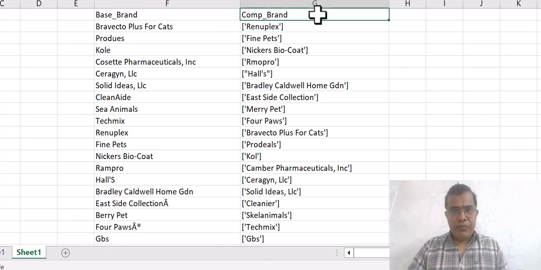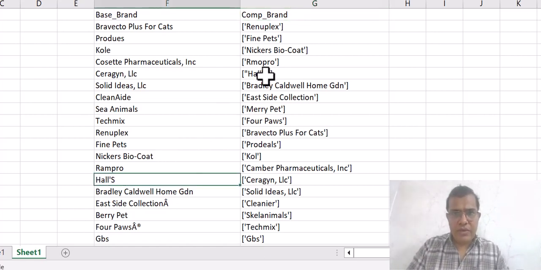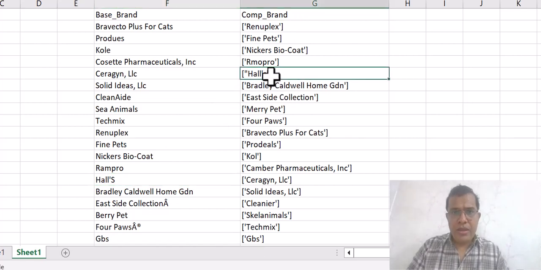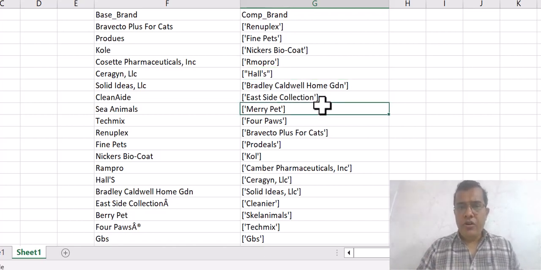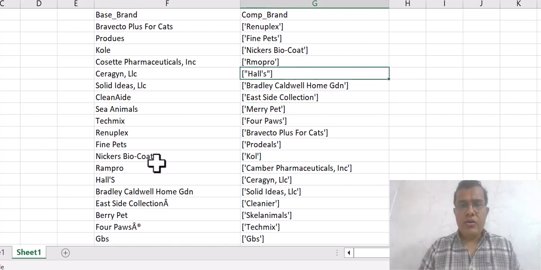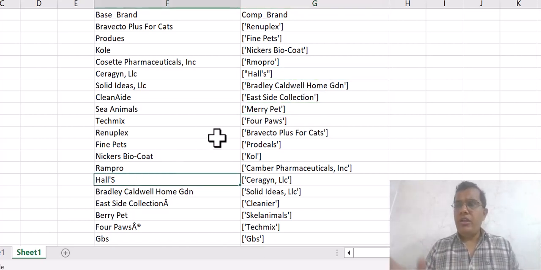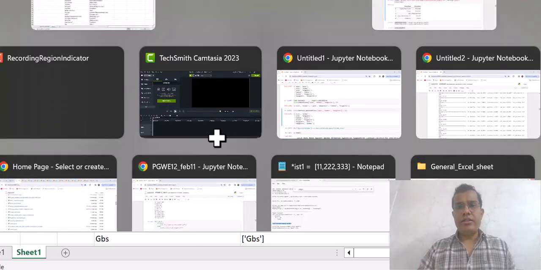For example, over here if you see HALLS, and over here HALLS, but between L and S there is an apostrophe. If you do an exact match, if you do Control C and try to find it out with Control F, you may not be able to find it. But using get close matches, let's see how we can address this problem.